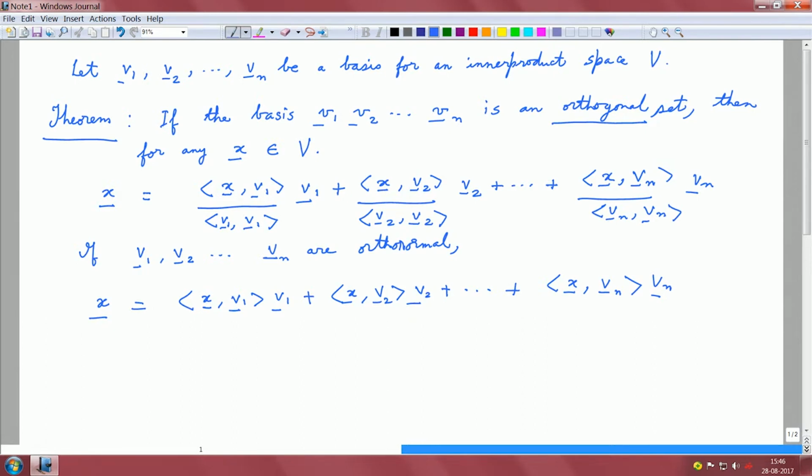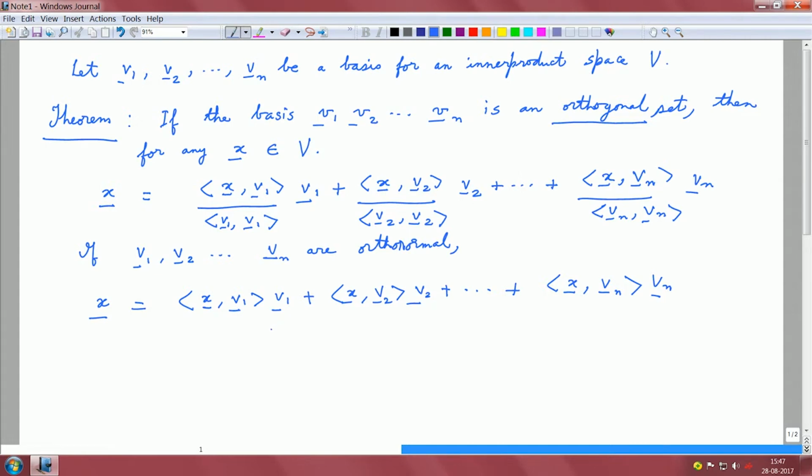The proof is pretty straightforward, but before we proceed with the proof, what you have to understand is an intuitive feel for this representation. What is happening here is exactly like what we thought about in the representation of vectors, right. We take the projection of the vector onto each of the bases, and that gives you the amount of length that you have to consider in the direction of the basis.